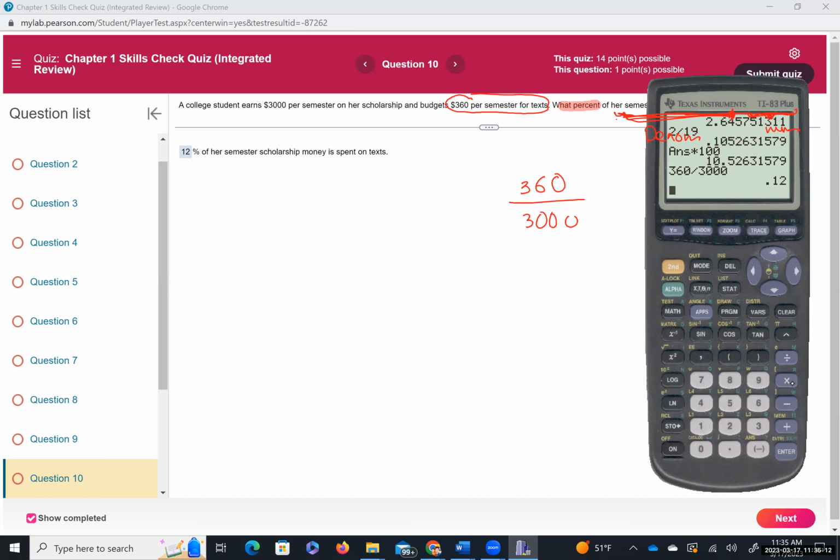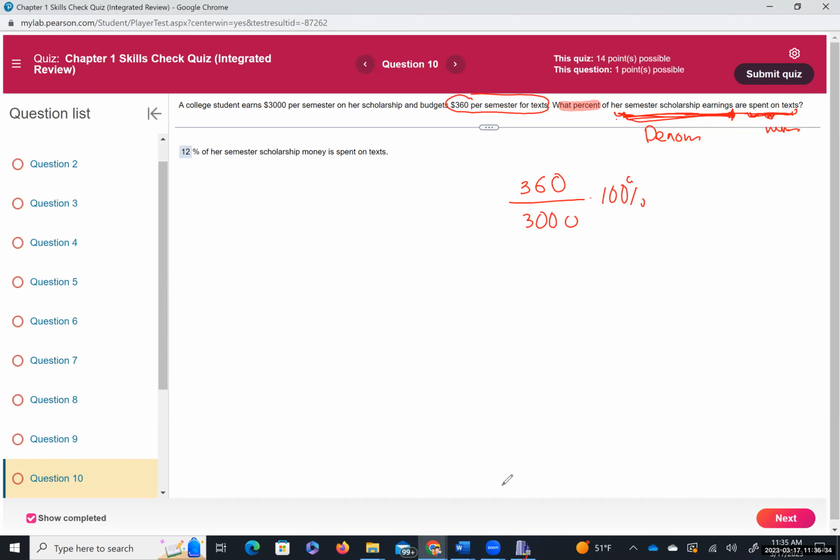Like I said, since it's asked about percent, you have to multiply by 100, and you have 12%. That's the reason why I put 12%.